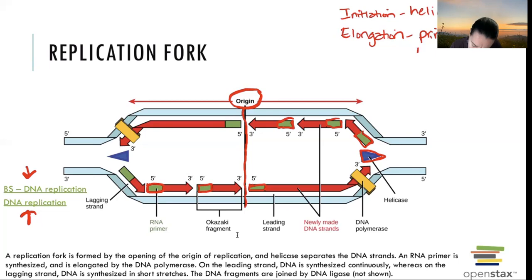We're going to have another guy come along, and this one is DNA polymerase. I'm just going to shorten it up, DNA pol. There's DNA polymerase 1, 2, 3. There's different DNA polymerases, but I just want you to understand what DNA polymerase does. DNA pol is going to lay down the new DNA.